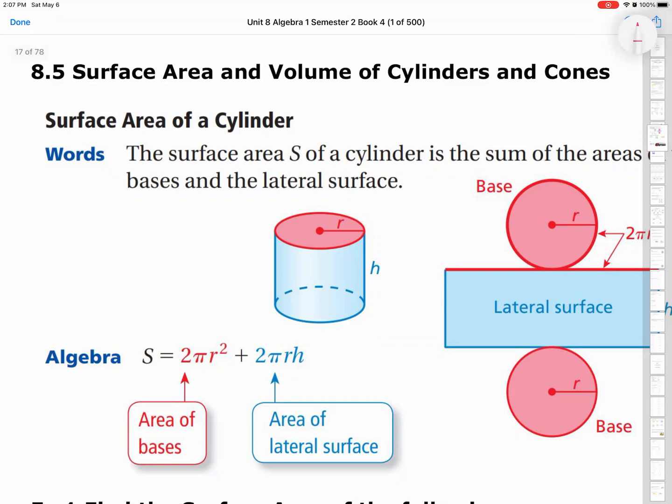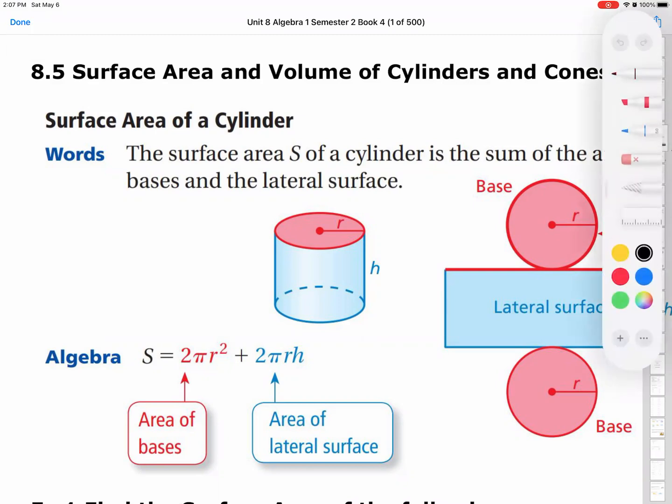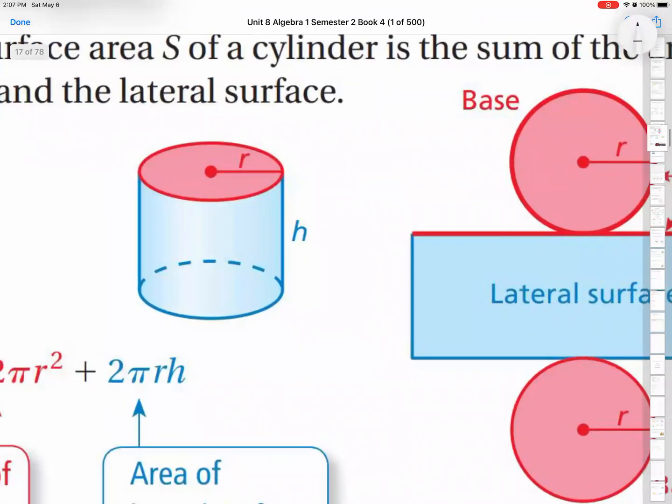And where the proof for this comes from is, imagine a cylinder, and you have a base, which is a circle here. And for the surface area, the area of a circle is pi r squared. And then imagine we have two of these.